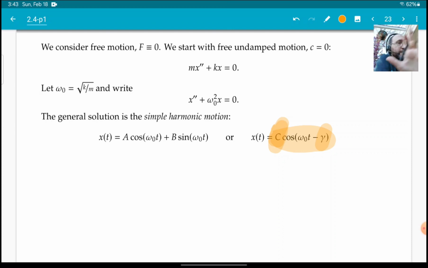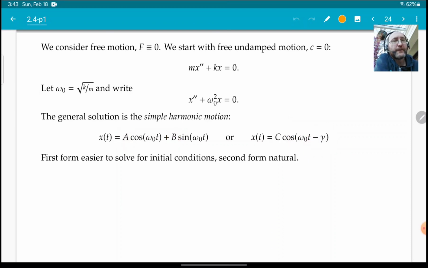You're shifting the graph. That's basically what changing these a's and b's does. It's changing this c and also shifting, but it's still going to be a sine wave or cosine wave. That's actually the frequency.